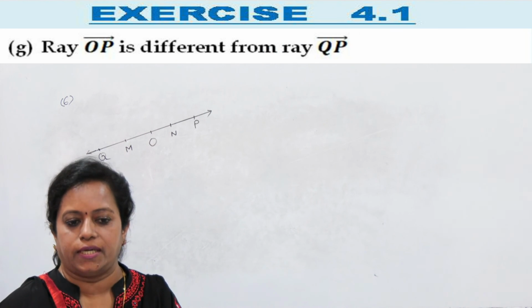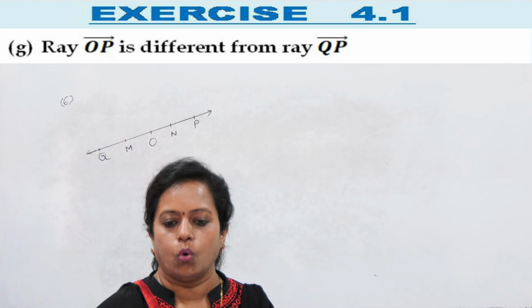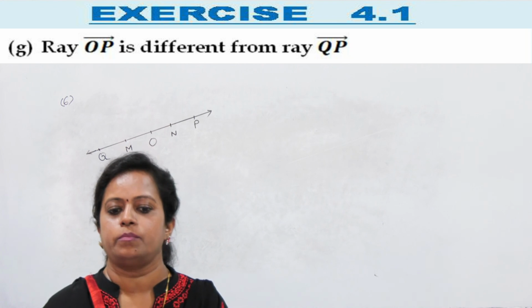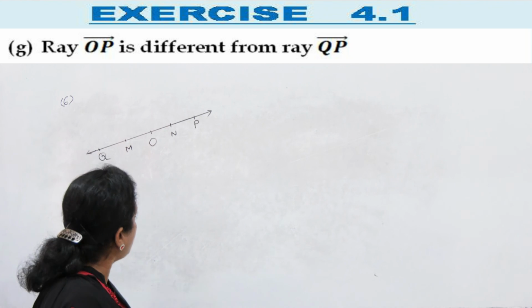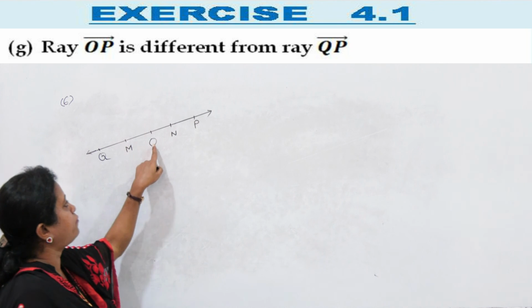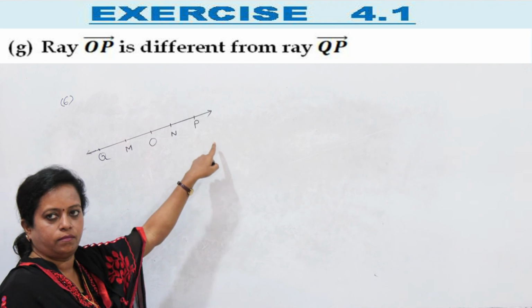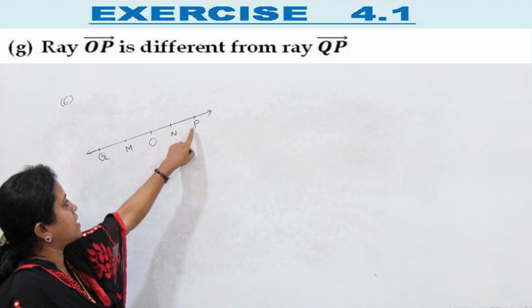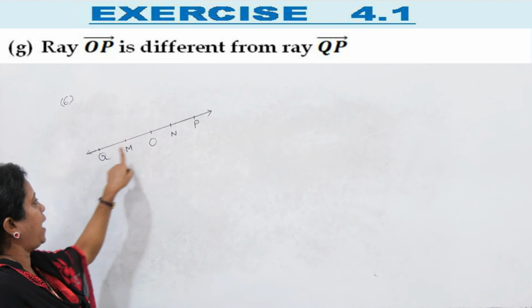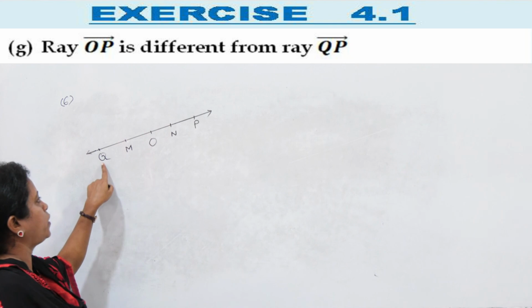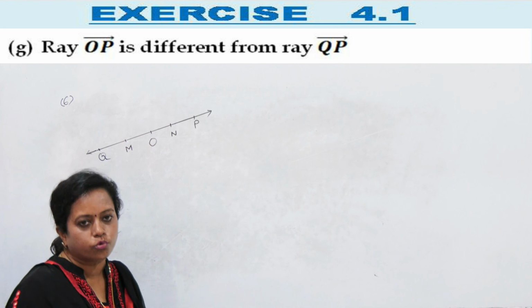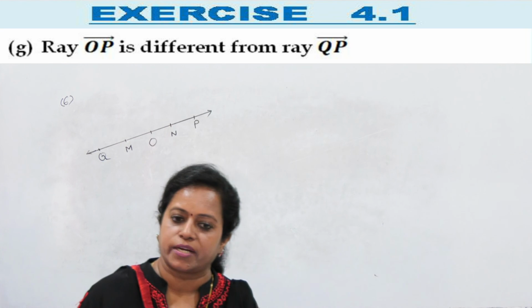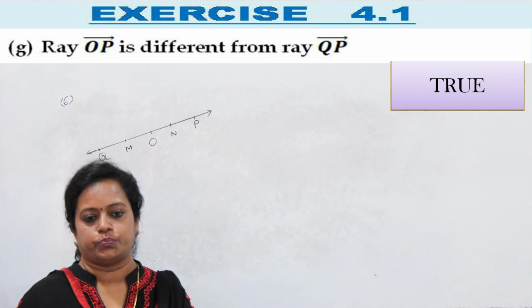Question number G is ray OP is different from ray QP. Ray OP starts from the point O and ray QP starts from the point Q. So both are two different rays. So option number G is true.